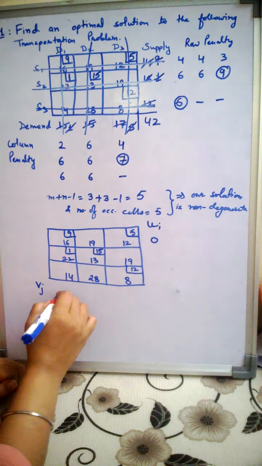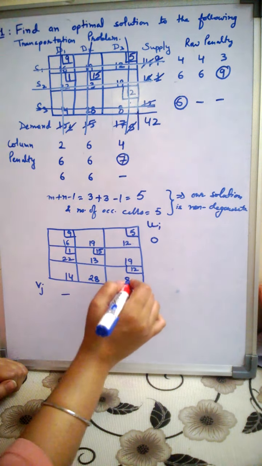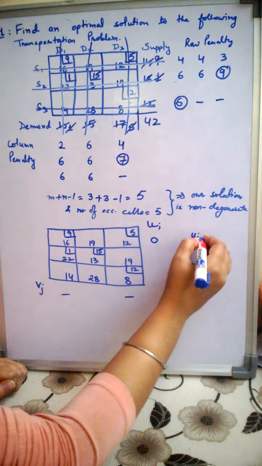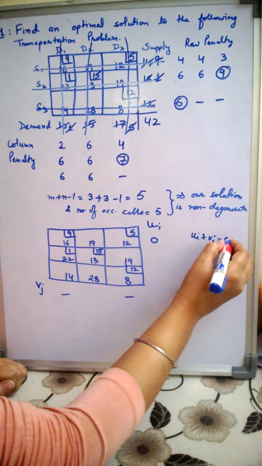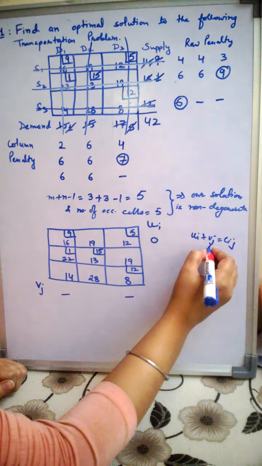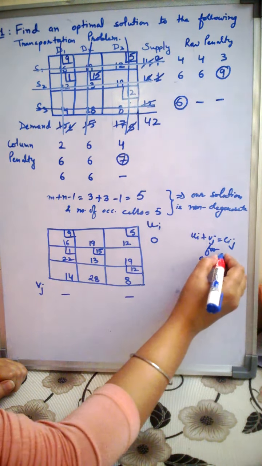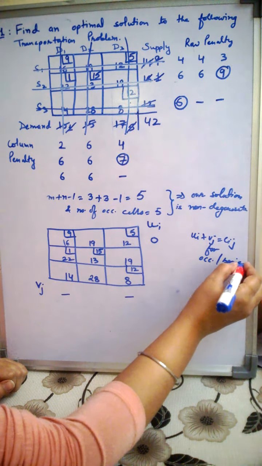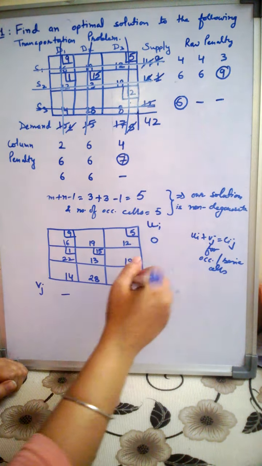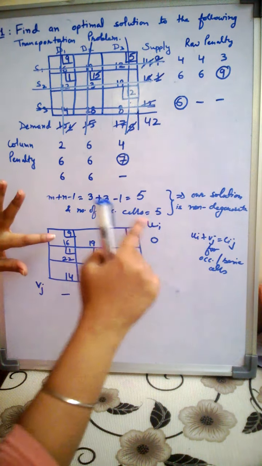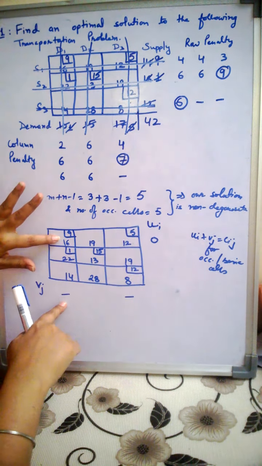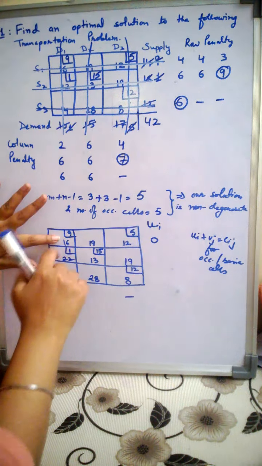So that means we can find out this value as well as this value using the rule that ui plus vj is equal to cij for occupied or basic cells. Okay, so corresponding to this, since this is occupied, so we can find out this value. 0 plus what is equal to 16?